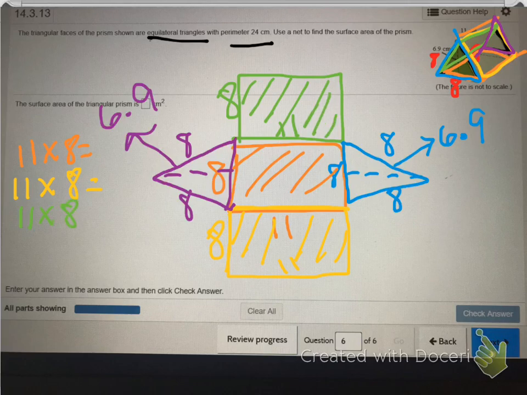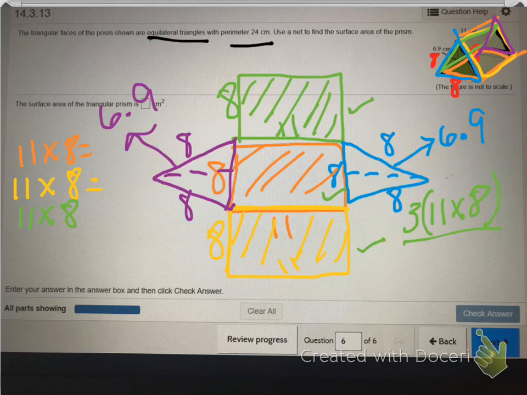Now, if I had determined or seen ahead of time that each of the yellow and the orange and the green rectangles were all exactly the same, I could have just done 11 times 8 and then multiplied that whole thing times 3. Okay? Rather than doing 11 times 8 3 times and adding them together, I could have just done 11 times 8 and then multiplied by 3. Either way, that doesn't matter.